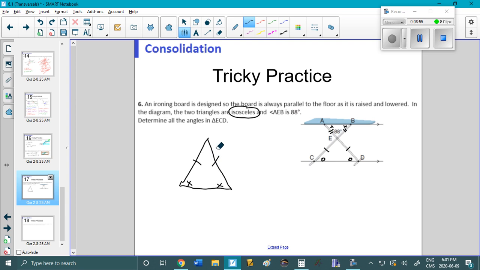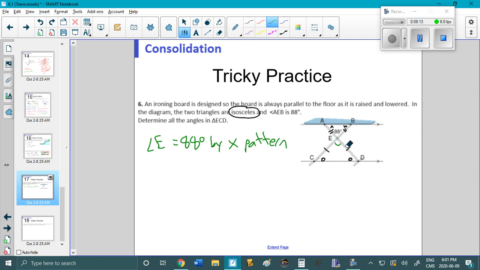Determine all the angles in triangle ECD. Okay, so that's easy enough. Let's start with angle E. So angle E equals 88 degrees by X pattern. Now we need to find these two angles.